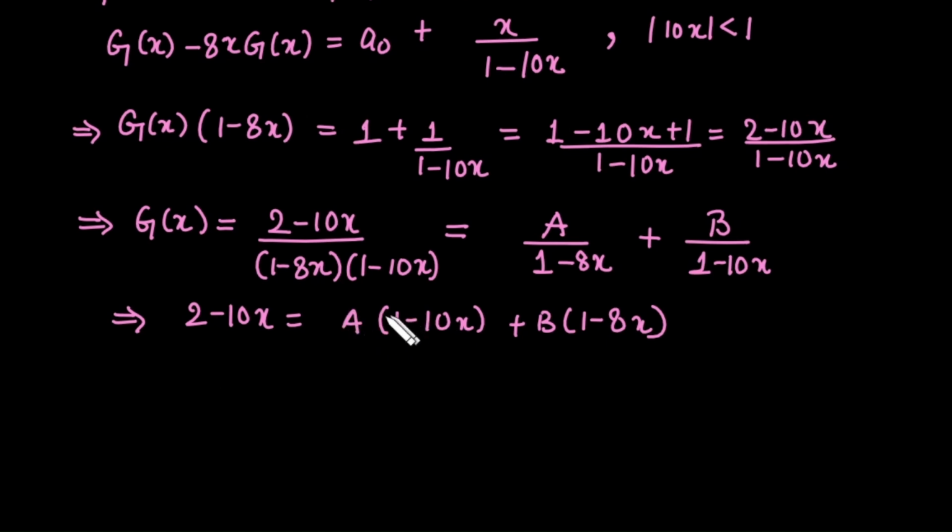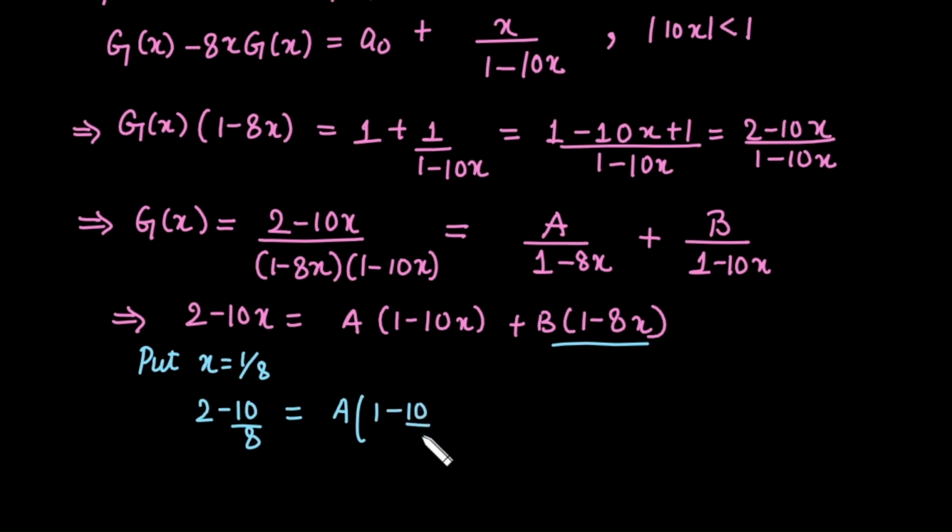What we can do, we can identify the value of x for which this term is getting 0. So this term is getting 0 when we put x is equal to 1 by 8. So put x is equal to 1 by 8. We have 2 minus 10 by 8 is equal to A times of 1 minus 10 by 8, and this is 0.